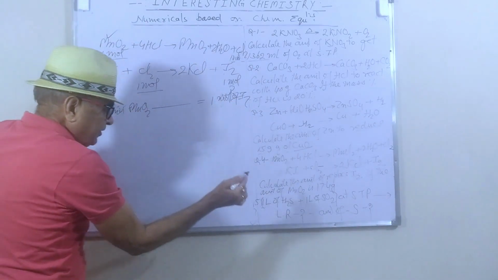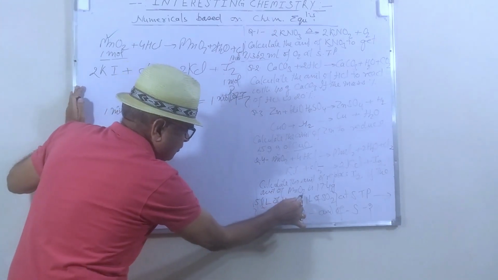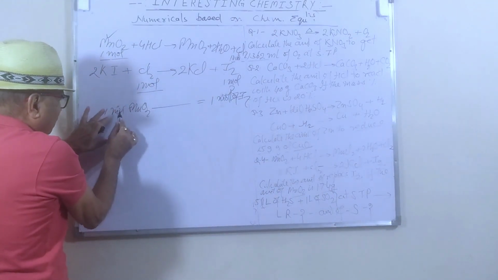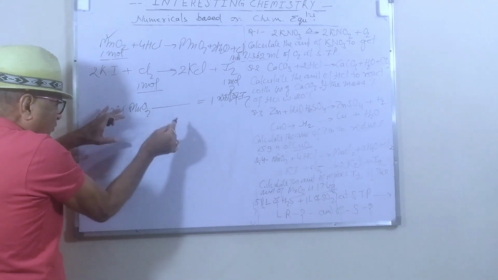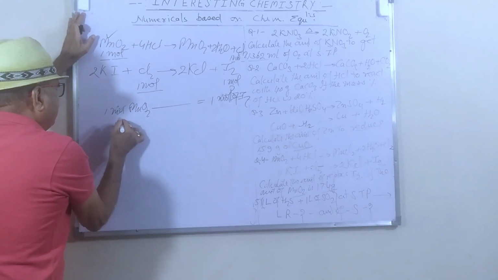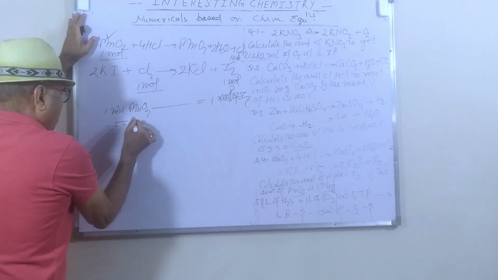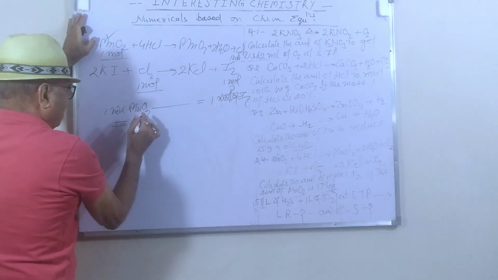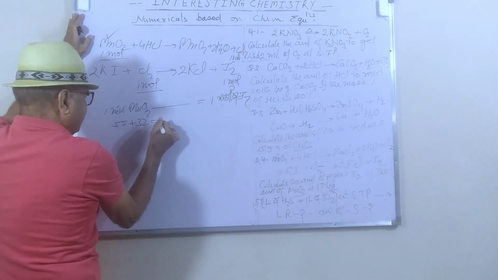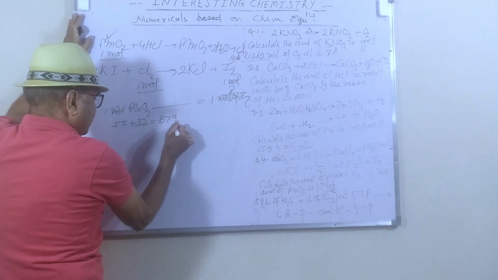Again, here the amount is given in grams, so you have to convert 1 mole of MnO2 into grams. Mn is equal to 55 and O2 is 32, so it is 87 gram.